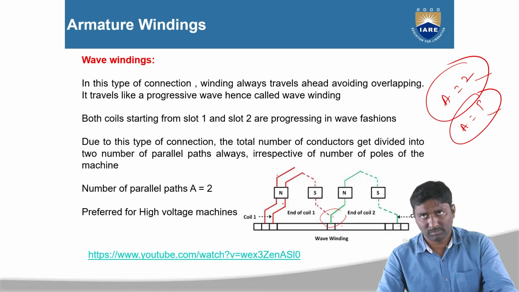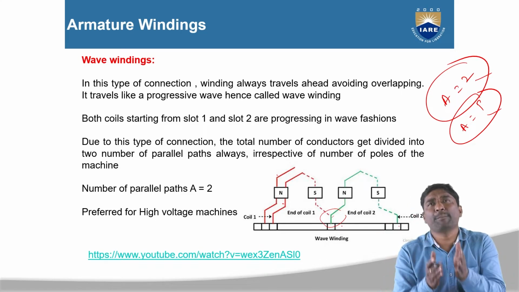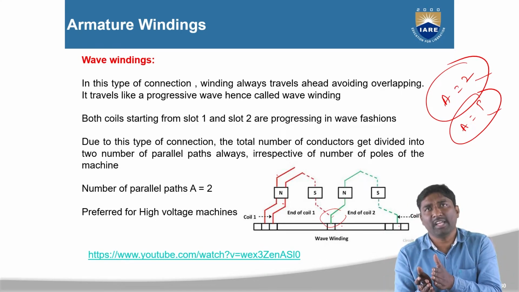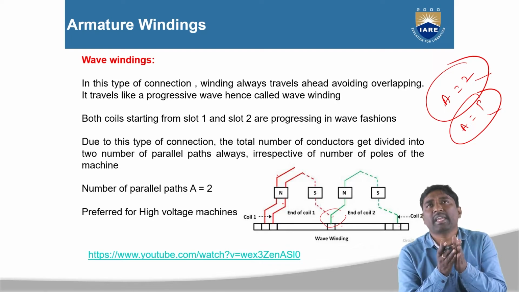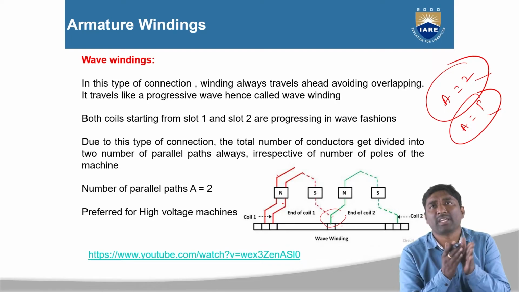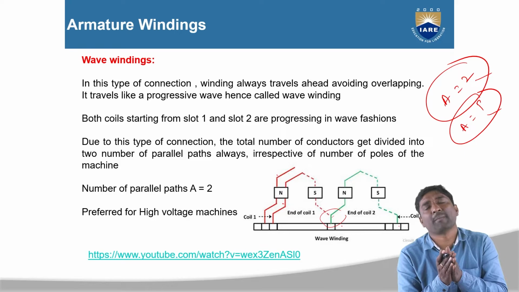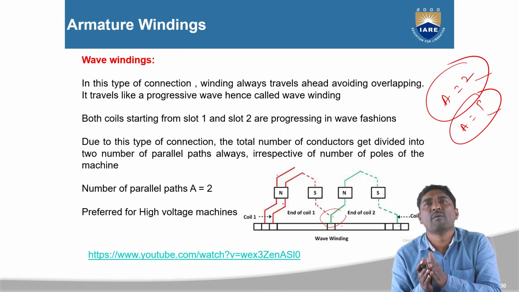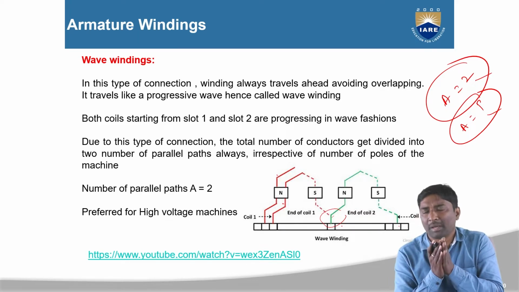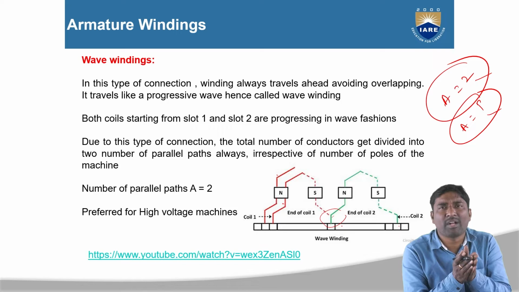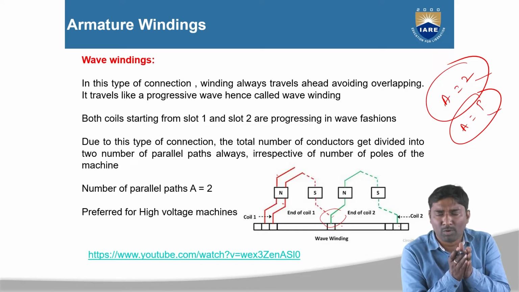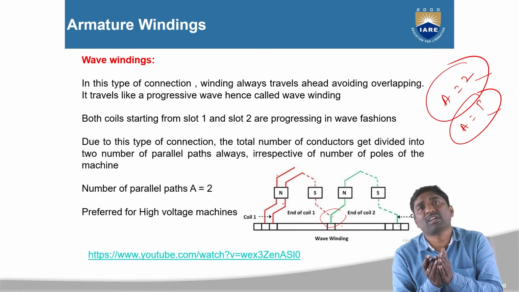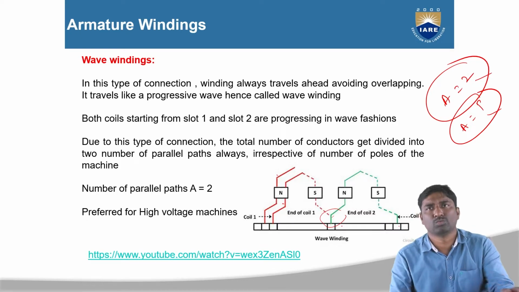If you are comparing the lap winding and wave winding, in case of the lap winding the coils are overlapping each other. But in case of the wave winding, it is in a progressive manner. The number of parallel paths in the lap winding is equal to the number of poles in the machine, but in the wave winding the number of parallel paths is equal to 2.